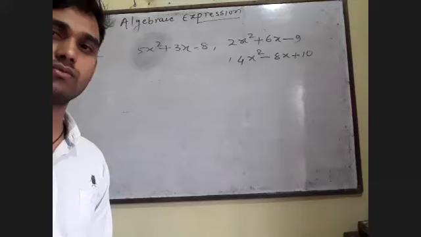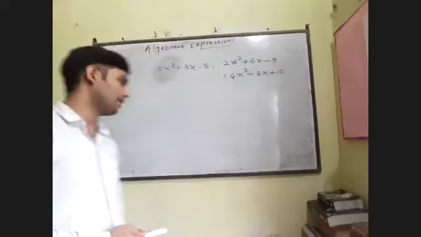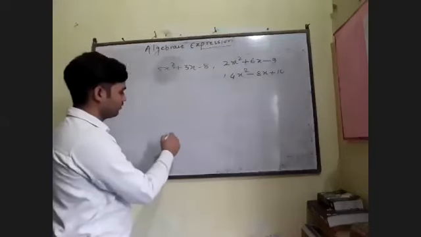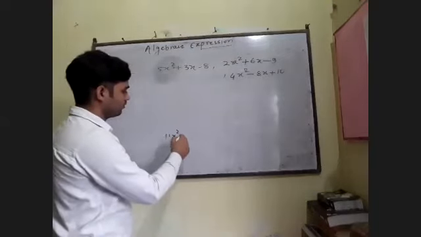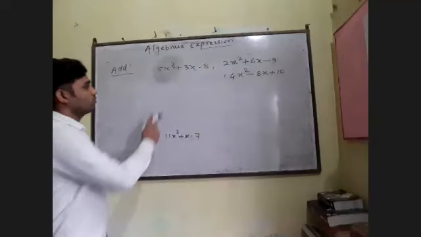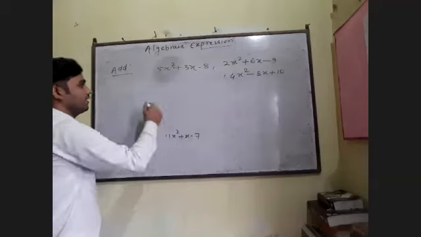Answer: 11x square plus x minus 7. Arrange like terms under each other.